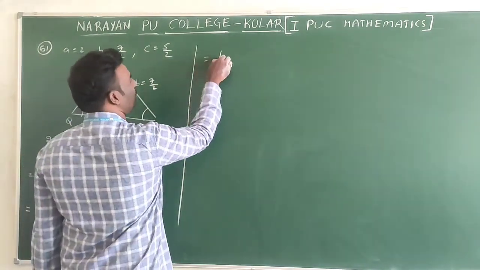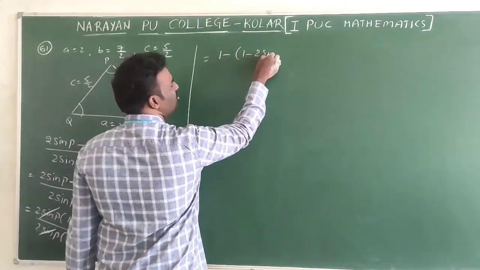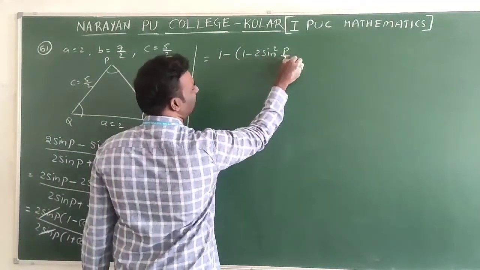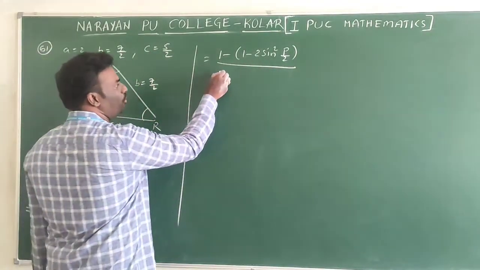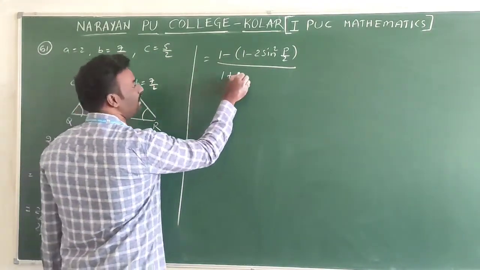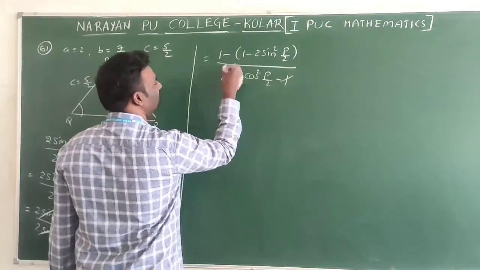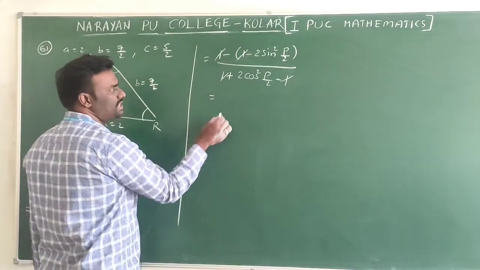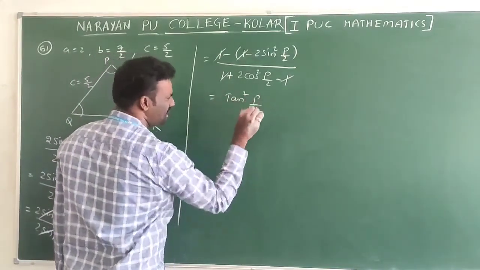That equals 1 minus cos P, which can be written as 2 sin square P by 2, using a trigonometric formula. By the denominator, 1 plus cos P can be written as 2 cos square P by 2. Again the 2 also cancels, sin square by cos square, that is nothing but tan square P by 2.